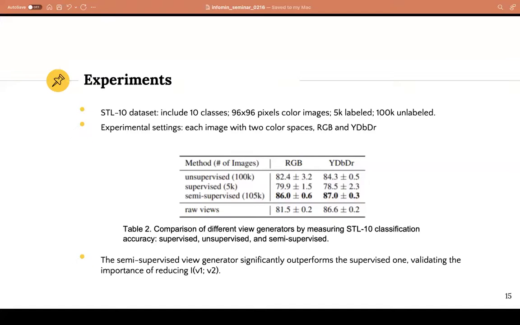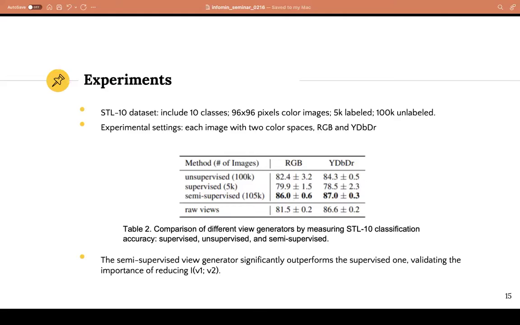The table 2 show you some results, and we can see that the semi-supervised view generator significantly outperforms the supervised one, which means inducing the mutual information is indeed important.